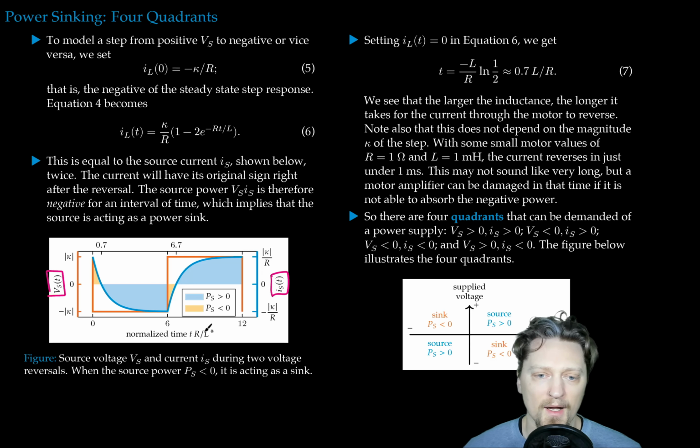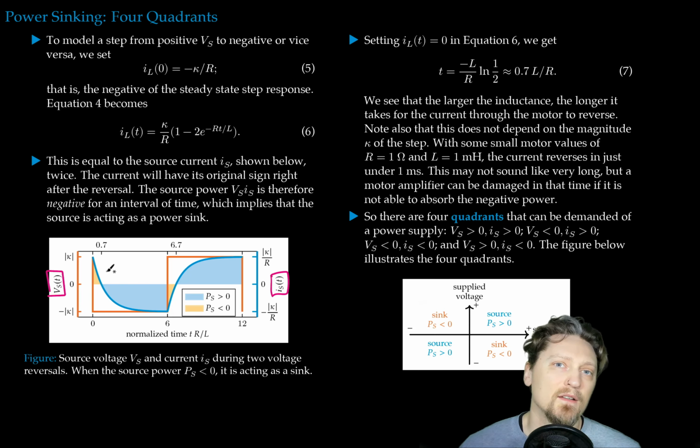Time is being normalized by this time constant, L over R. And we see that the voltage changes instantaneously and the current lags behind, so that when we have a switch from a positive voltage to a negative voltage, the current is still positive for a while. A positive current multiplying a negative voltage is going to result in a negative power, which is a power that the source is sinking from the circuit.